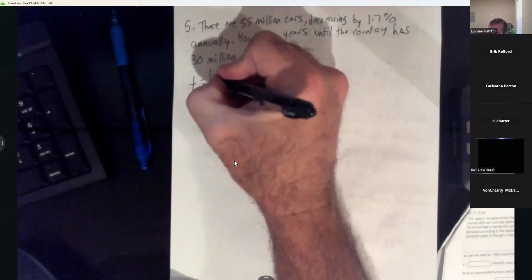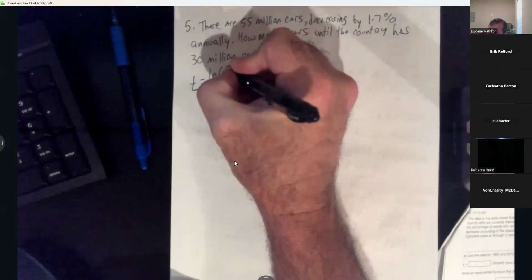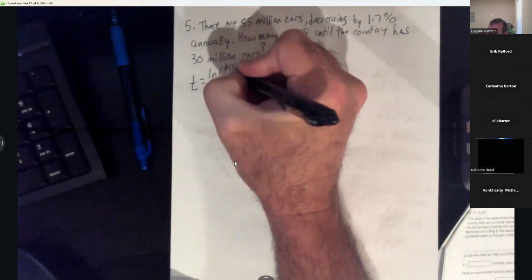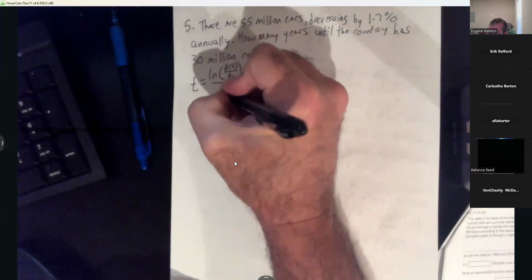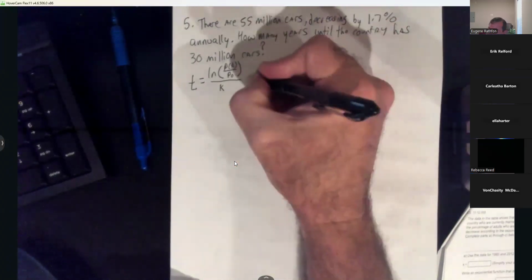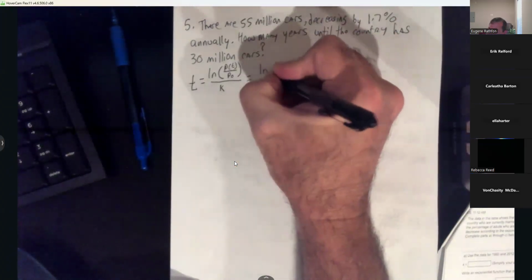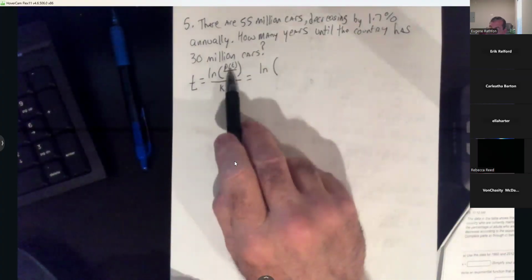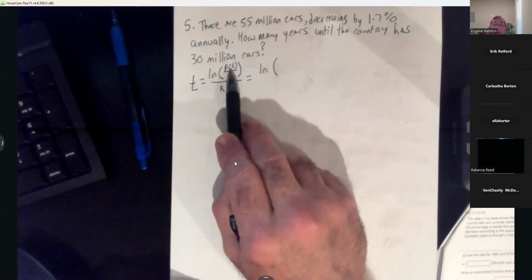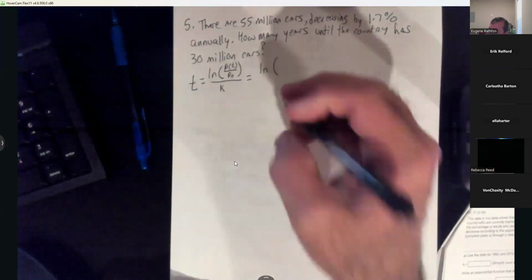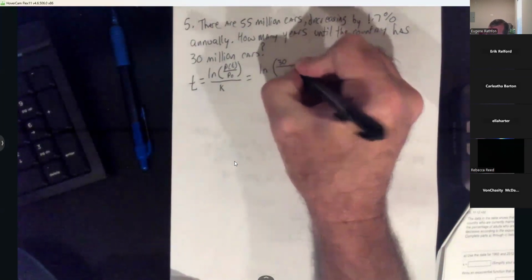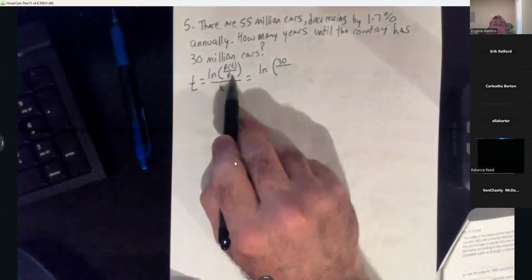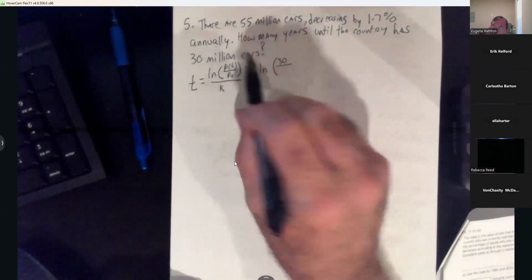Time equals the ln of P of t divided by P original, all over K. My ending amount was 30 million cars. My original amount was 55 million.